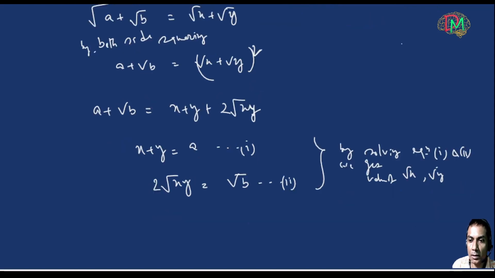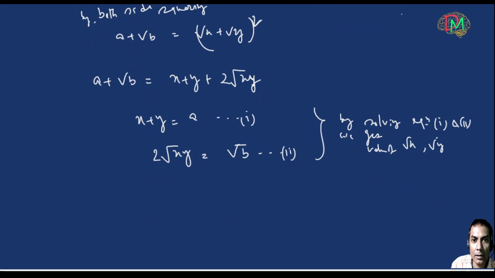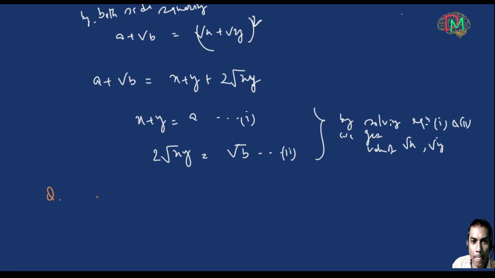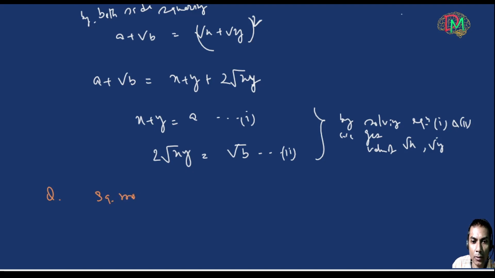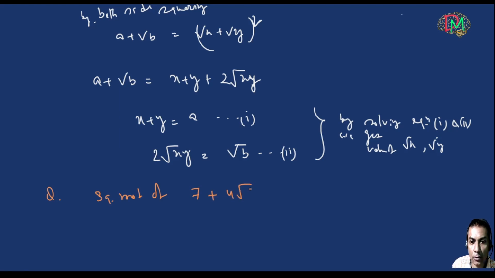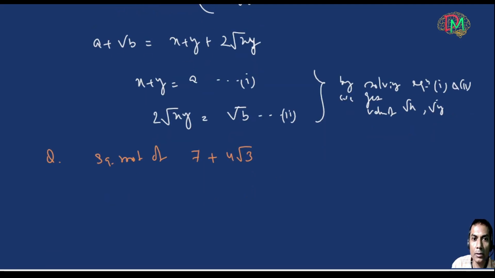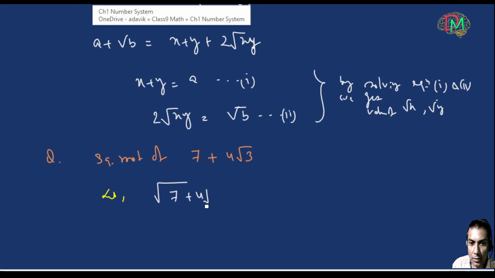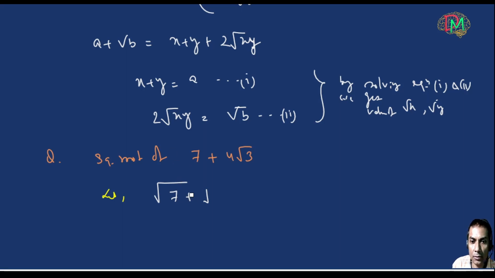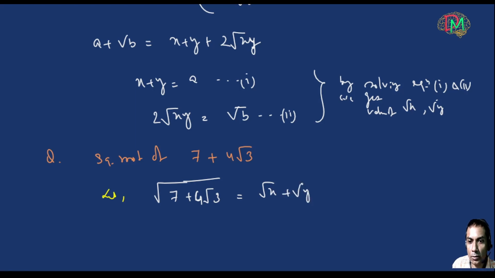So let's take one example: find the square root of the quadratic surd 7 plus 4 root 3. How can you find out? So let root of 7 plus 4 root 3 be equal to root x plus root y.